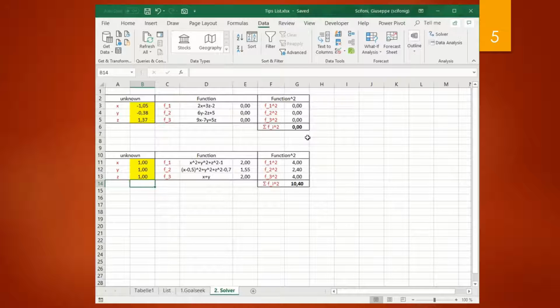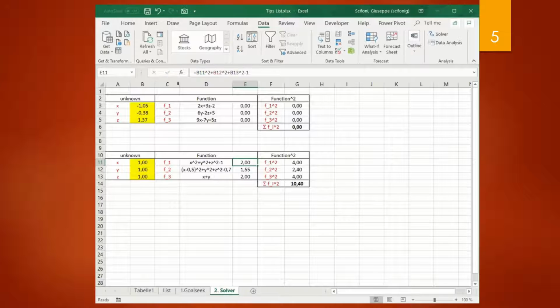Let's see. The new system is represented here in this second table. As before, we need to put some guess values for our unknown x, y, and z. And this time the functions f1, f2, and f3 are different and they are nonlinear. So we write, as before, the formulas considering the variables listed up front.